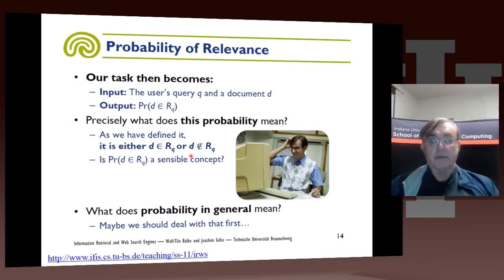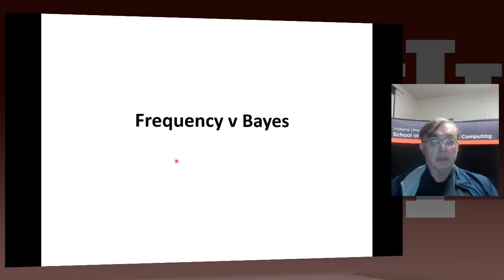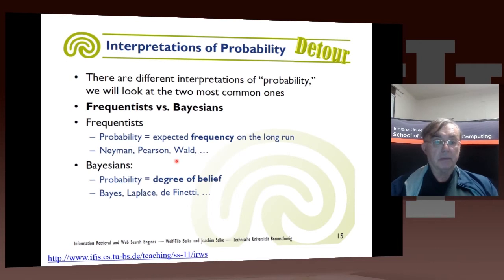So we need to have a little discussion of what probability means, and that's connected with what Bayes means. So let's discuss that: a discussion of the difference between frequency and Bayes.